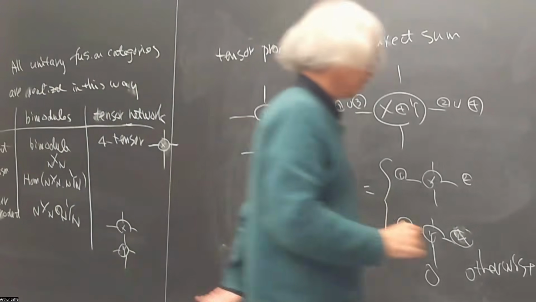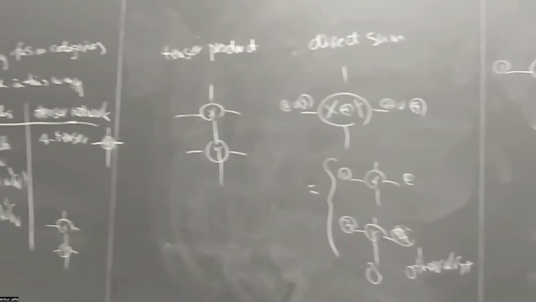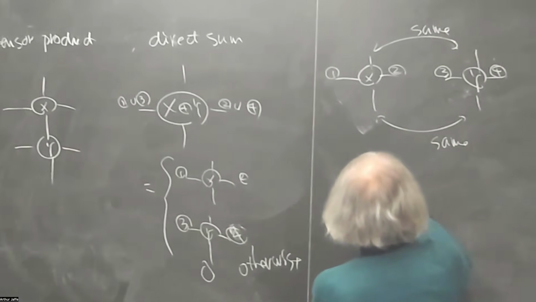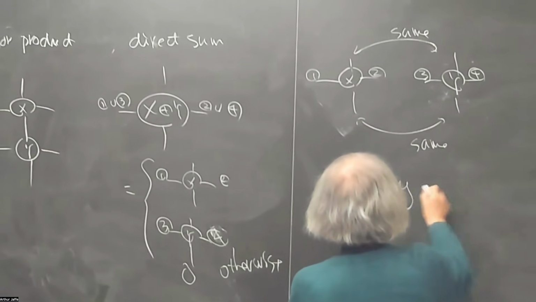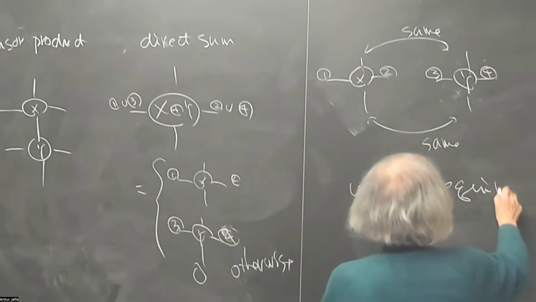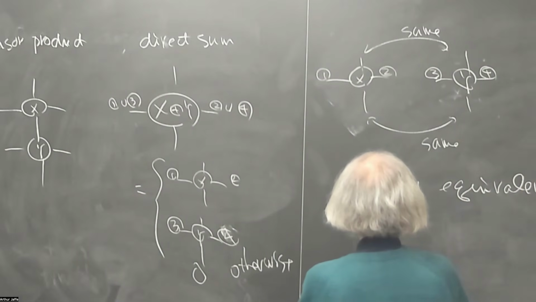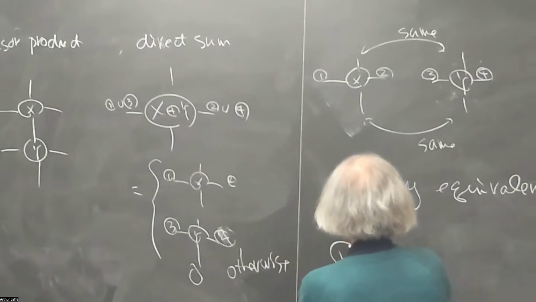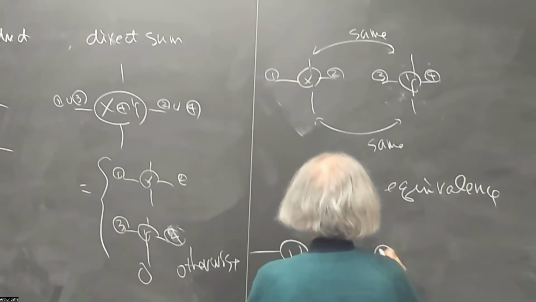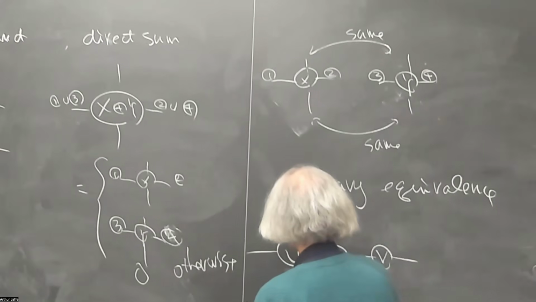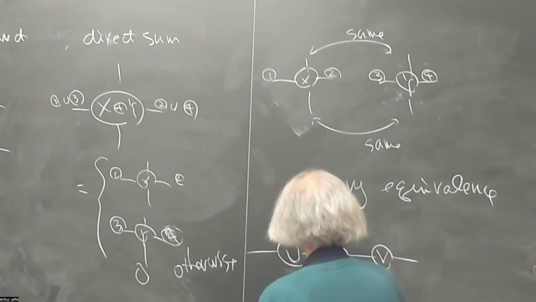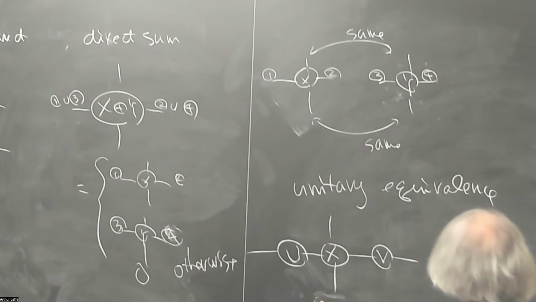So, then another thing is a unitary equivalence. So we have X. Then here we have some unitary matrix like this. And this is the unitary equivalent.